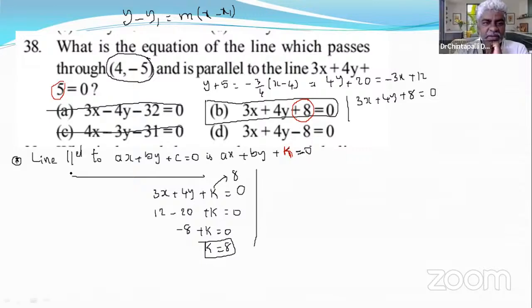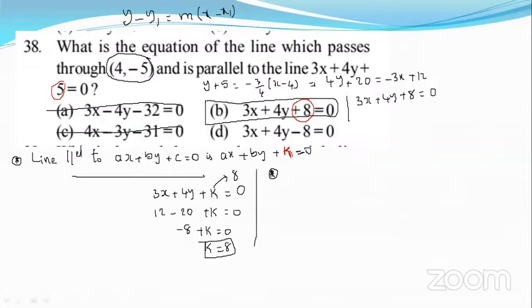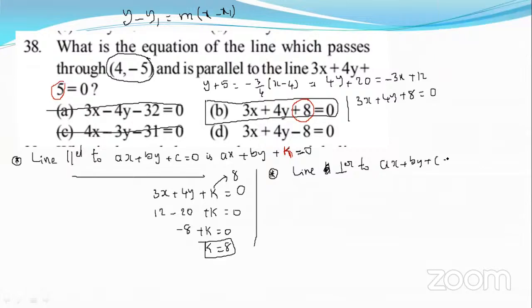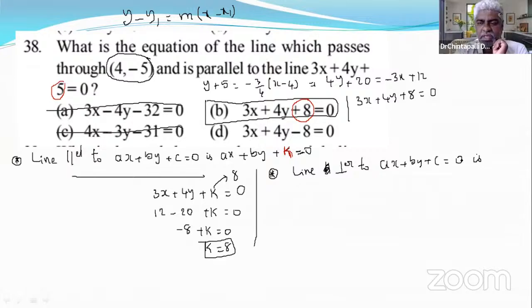I'm telling a similar point for perpendicular lines also. See, the line perpendicular to ax plus by plus c is equal to 0 can be taken as bx minus ay plus k is equal to 0.